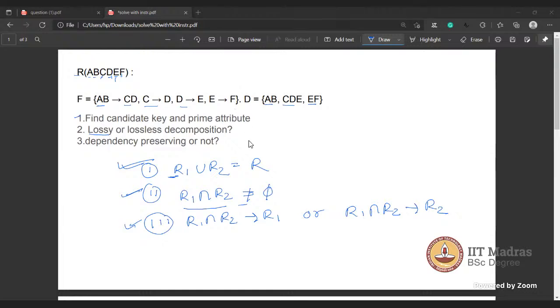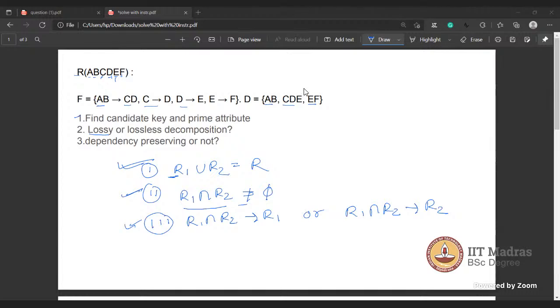Yes, that is R. Now you have to take a combination of relations in which the intersection must not be an empty set for lossless decomposition. Here, if we consider R2 and R3, there is a common attribute, so we can take R2 and R3.